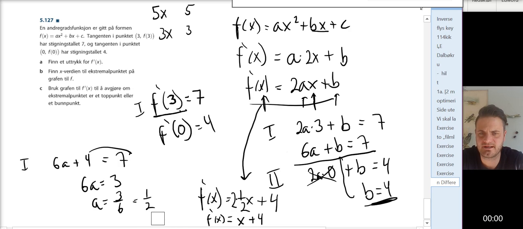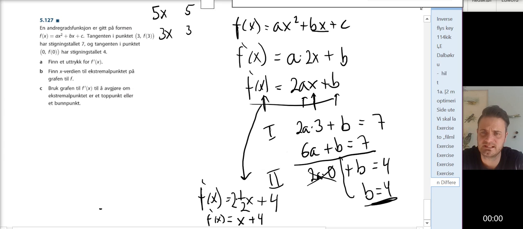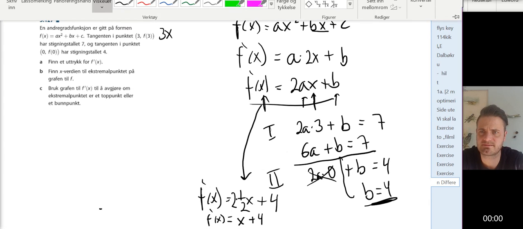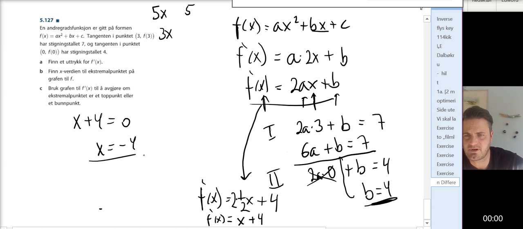And then we should find the extreme maximum or minimum point of the graph of f. Of course, if we want to find maximum or minimum points, we can put the derivative, which is x plus 4, equal to 0. And we see that we get x is minus 4.